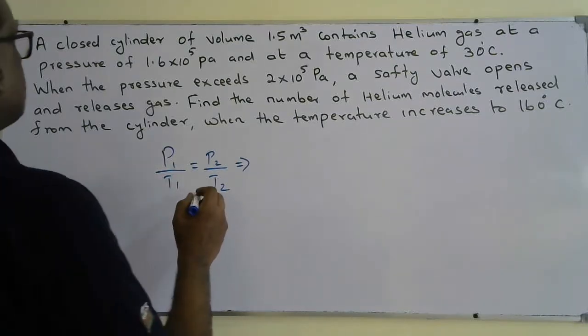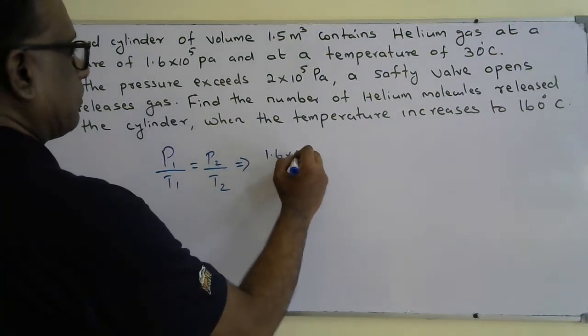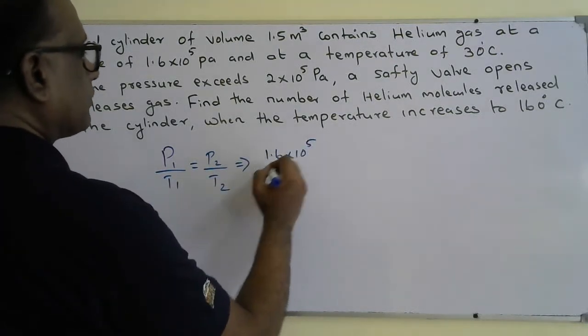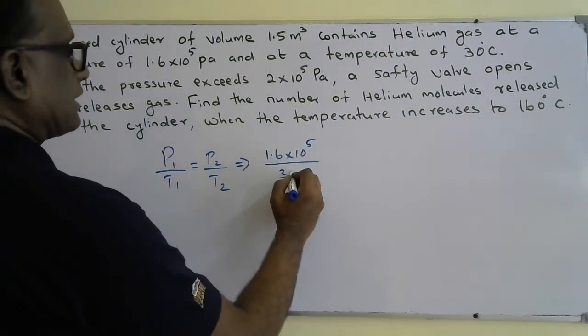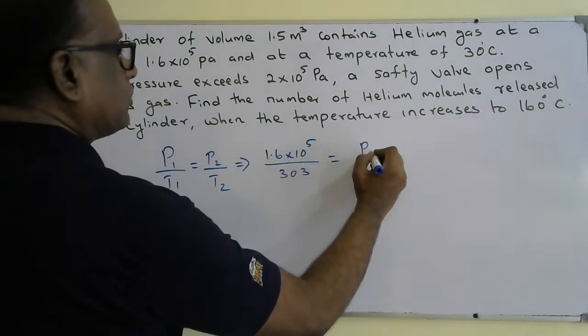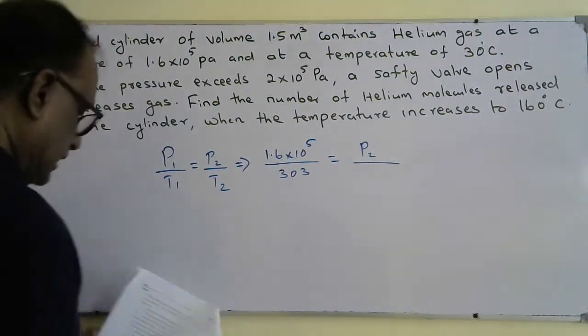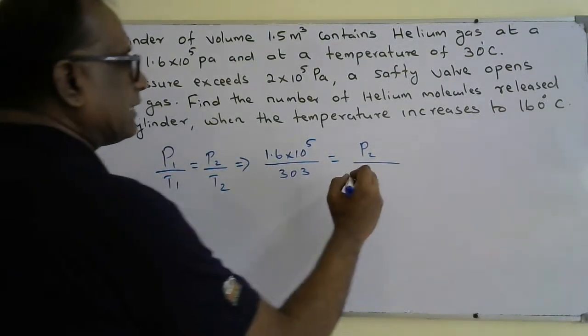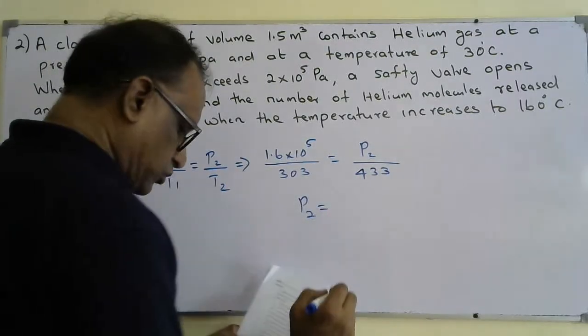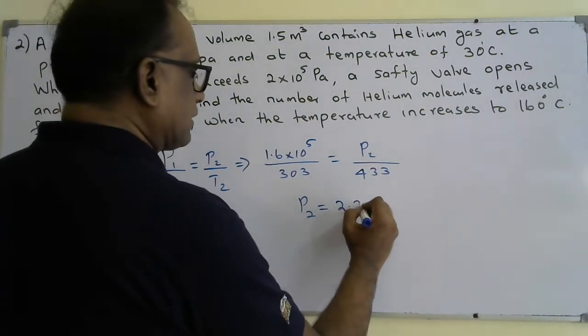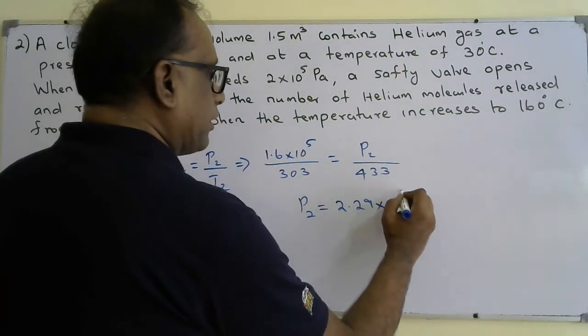So initial pressure is 1.6 × 10^5. Temperature is 30, meaning 303, equal to P2 over 160, meaning 433. Find P2. You will see P2 will be 2.29 × 10^5 Pascal.